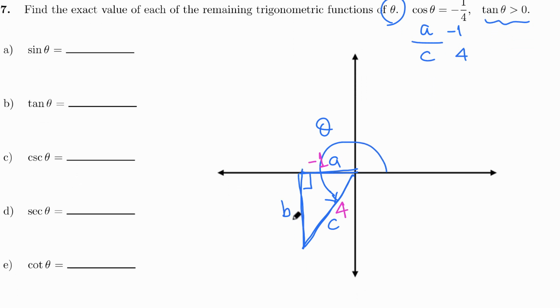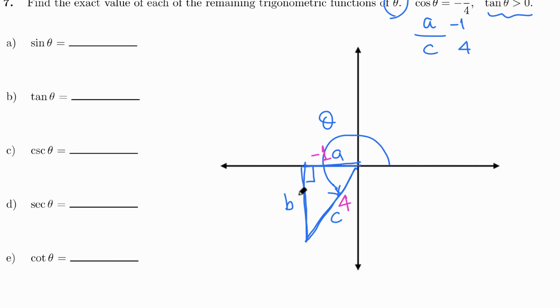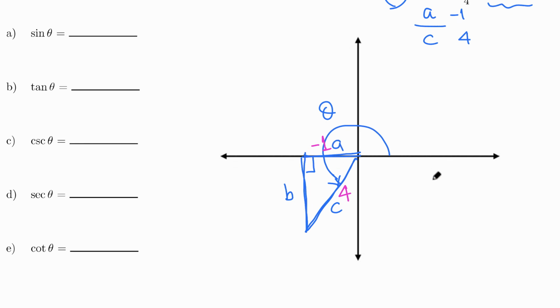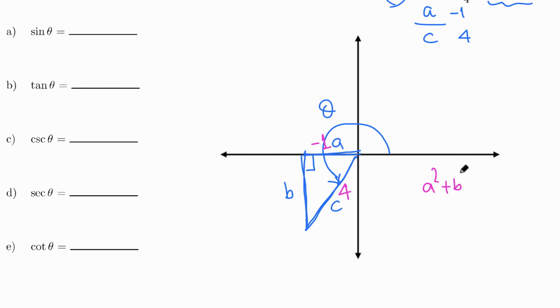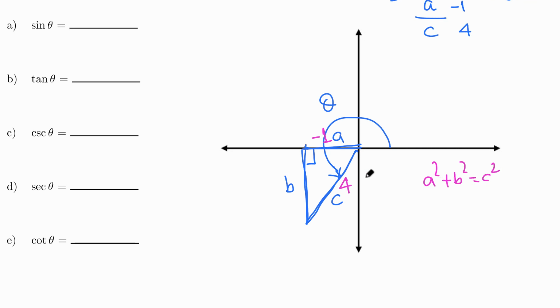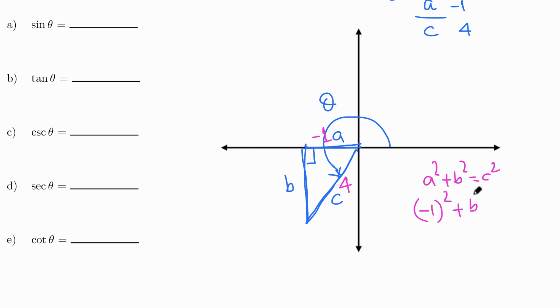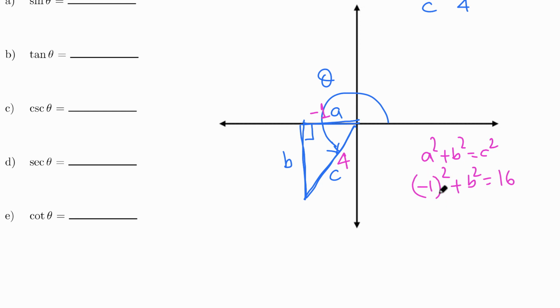Now we need to determine b. Okay, so a squared plus b squared equals c squared. a is -1, (-1) squared plus b squared equals c, which is 4 squared, 16. So this is +1, subtract 1 from both sides, 15, take the square root, so plus or minus square root.